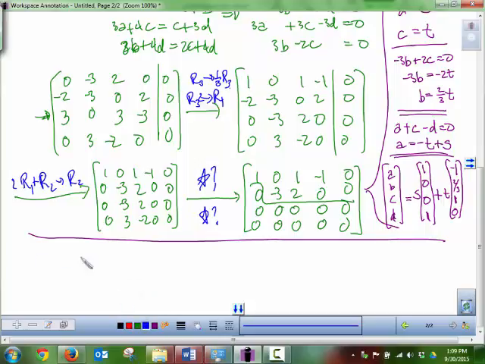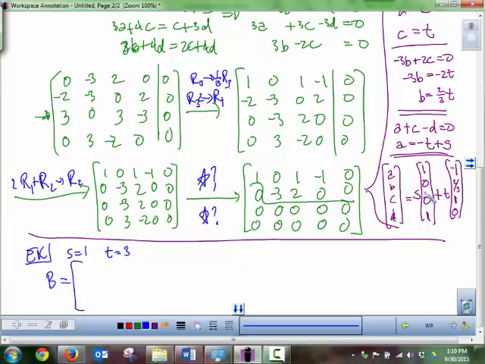What does that mean? Some examples of such matrices would be, if we let S equal 1 and T equal 3. Then your matrix might look like this.